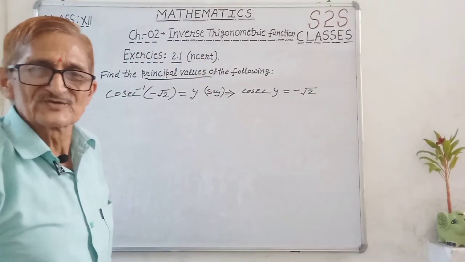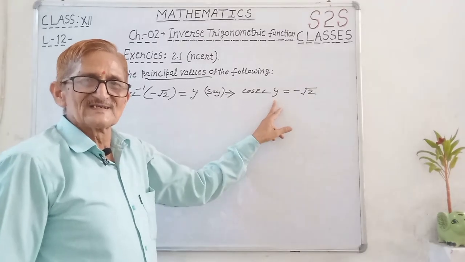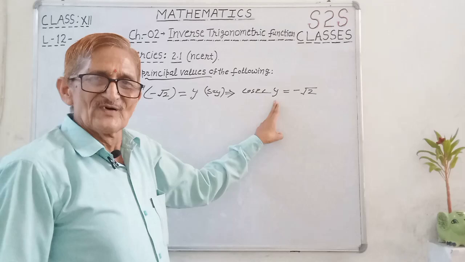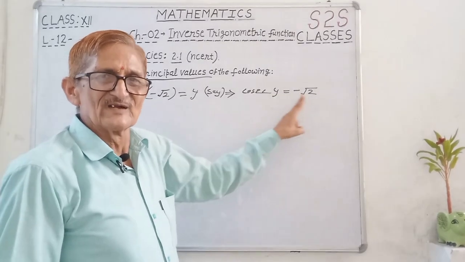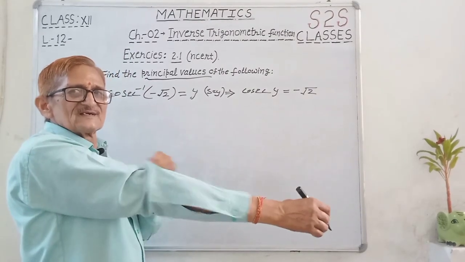Cosec is negative, so y is in which quadrant? Cosec is negative in third and fourth, because cosec is positive in the second and first, all positive. So third and fourth, where should we take?